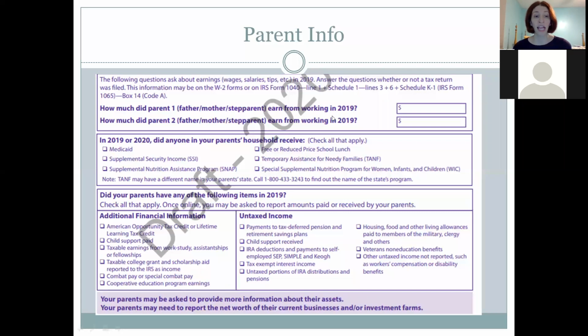So it's going to ask if in 2019 or 2020 anyone in the parent's household received Medicaid, SSI, SNAP benefits, free or reduced lunch, TANF or WIC. If any of those things were received in the household, you would check that box off. It's also going to ask if the parent paid any child support, if you have any taxable earnings from work study, untaxed income, if you received any child support, and if you put any money towards your 401k during the year.